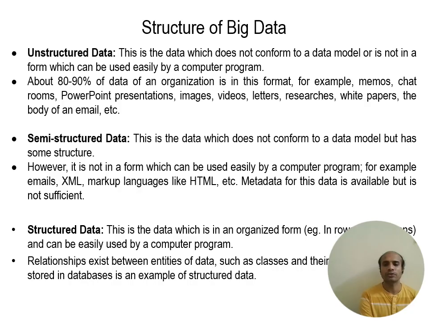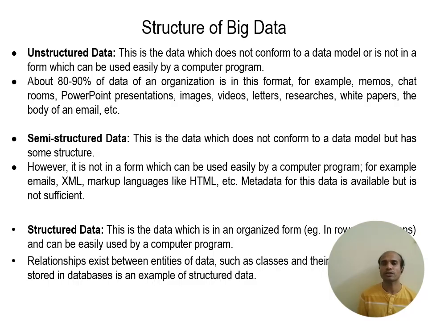So metadata for this data is available, but it's not sufficient. Then the other type: we have seen about structured data. This is the data which is in organized form.